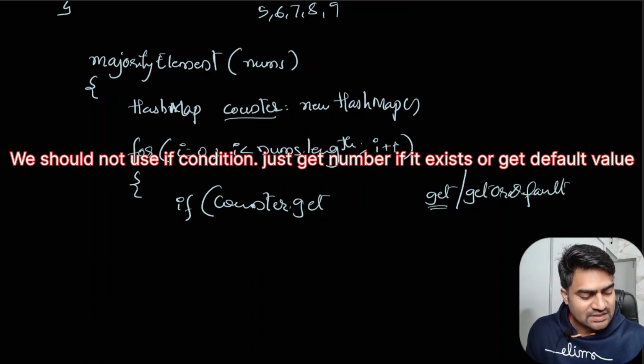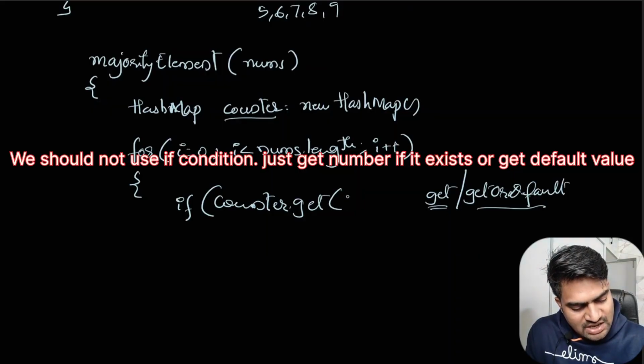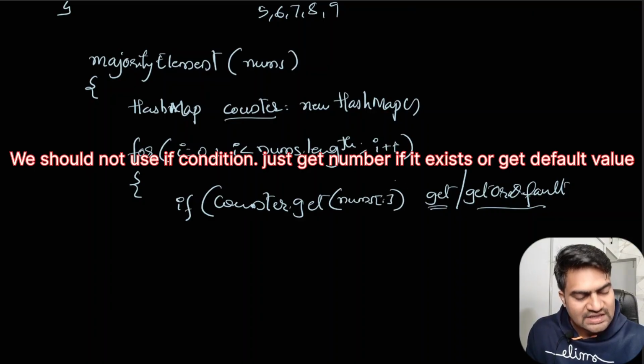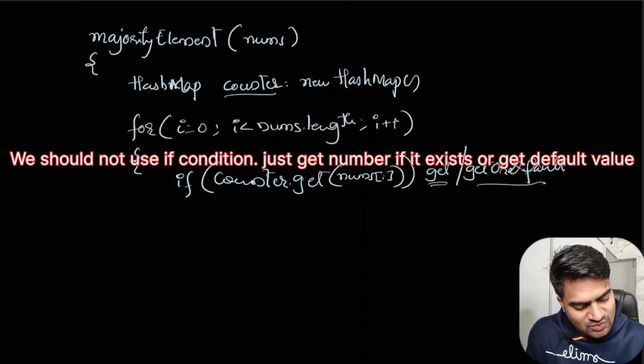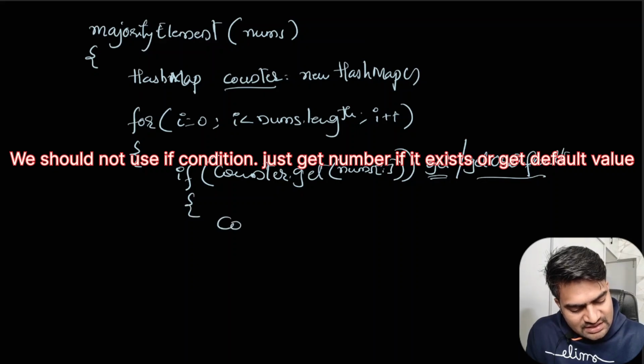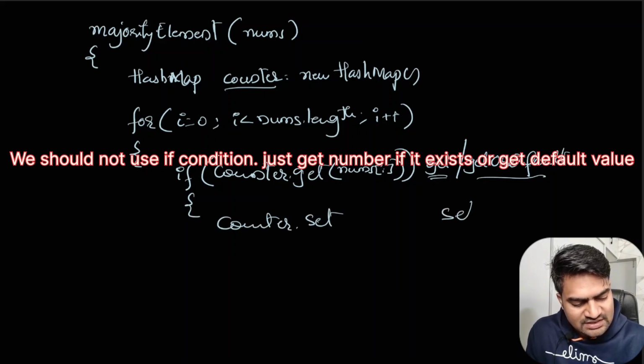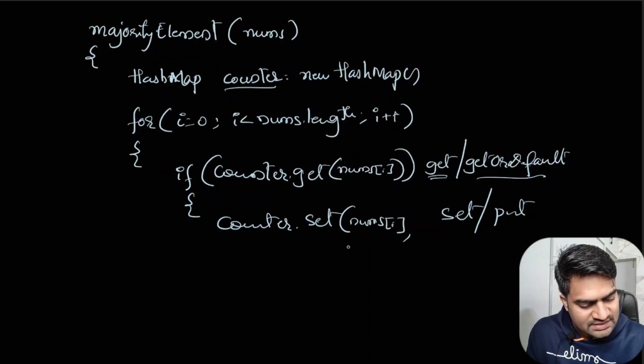In JavaScript it is get, and in Java it is getOrDefault. I'll simply take get for now, and I will pass nums of i. If it contains the number, then I will say counter.set in JavaScript and put in Java. So set nums of i, then I need to pass its count.